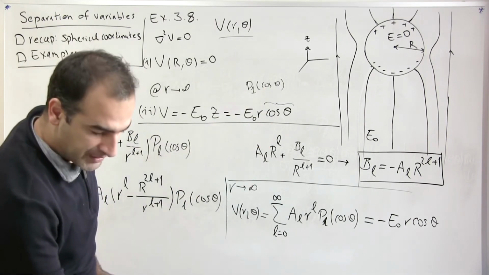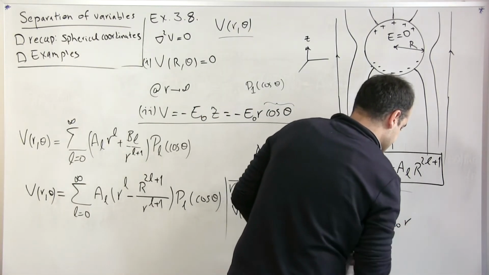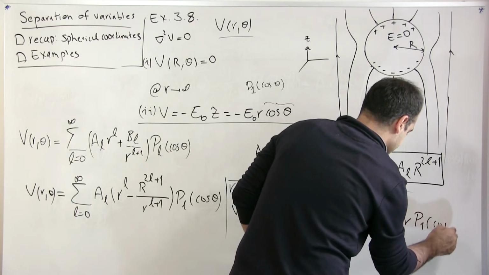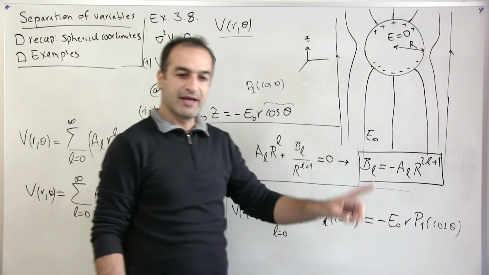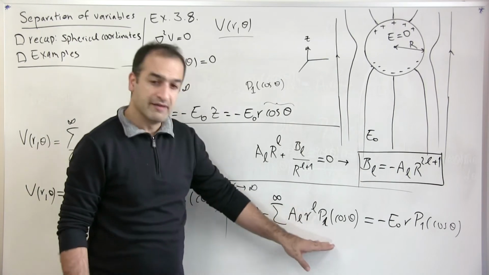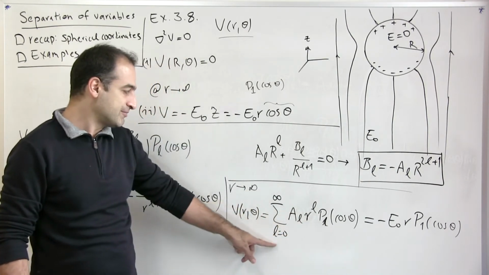Okay, so now what I want to do is replace this cosine theta and say this is P1 of cosine theta. It doesn't look simpler, but it's helpful because here we have the summation over the Legendre polynomials, from 0 to infinity.